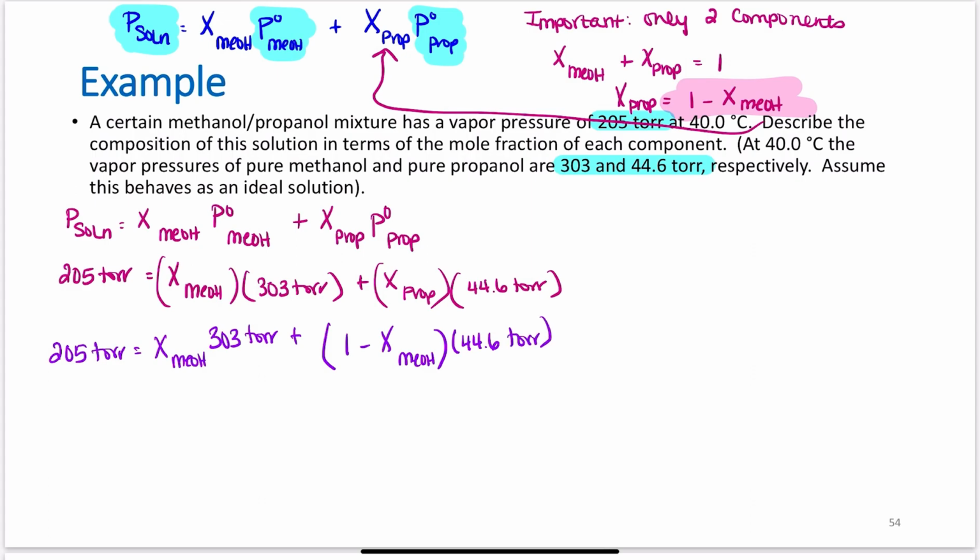From here, it's just algebra. So let's simplify this out. 205 torr is equal to 303 torr times the mole fraction of methanol, plus 44.6 torr. I'm distributing this through at this point.